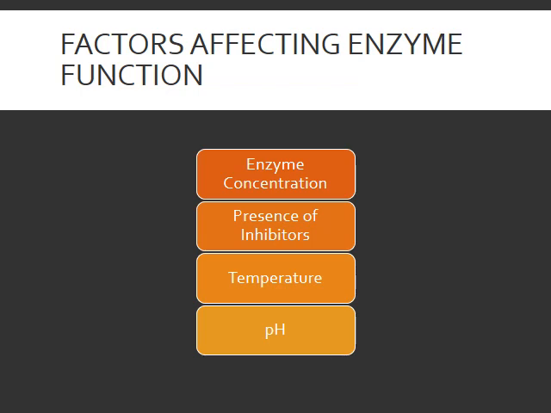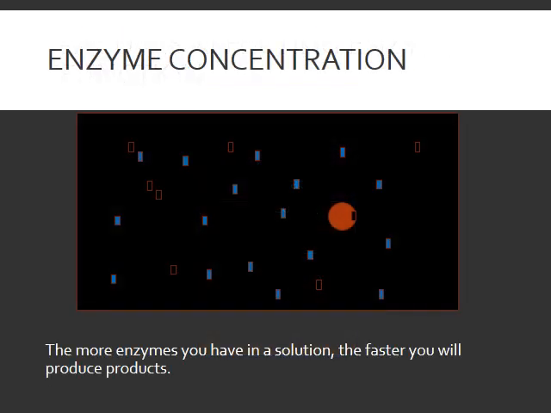So first off, I'm going to go through each of these. Enzyme concentration. If you have one enzyme in a solution, it speeds up the reaction, right? What happens if you have 2 enzymes? Double speeds it. That's right. It makes it go even faster. That's exactly right. That's what I was getting at.